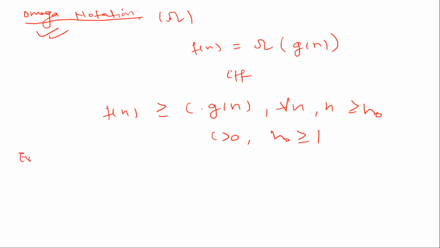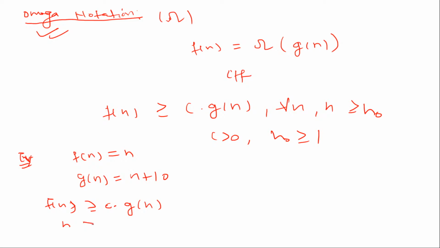Take one example. f(n) = n, g(n) = n + 10, and we have to prove the condition f(n) greater than or equal to c·g(n). What is the value of f(n)? n is greater than or equal to c·(n + 10) for all n greater than n naught.